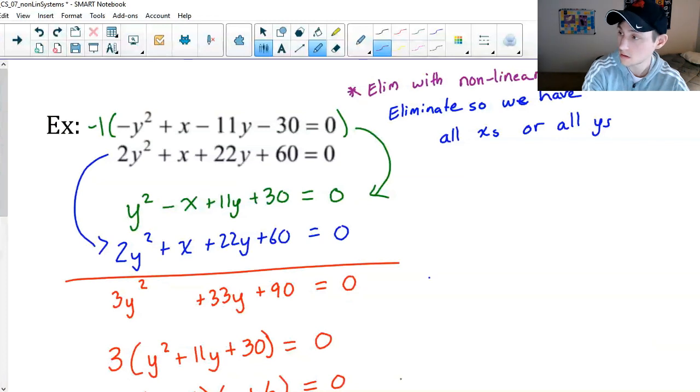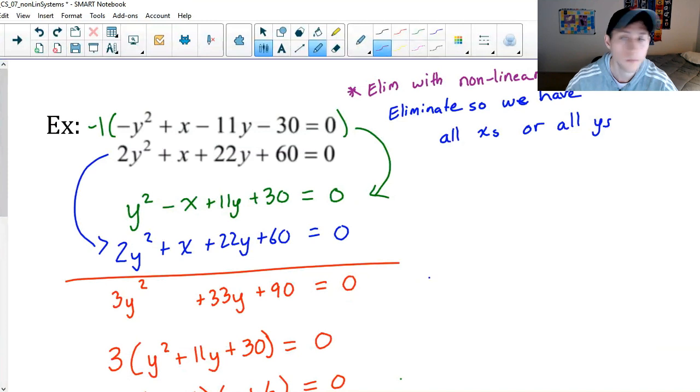And 2y squared plus x plus 22y plus 60 equals 0.